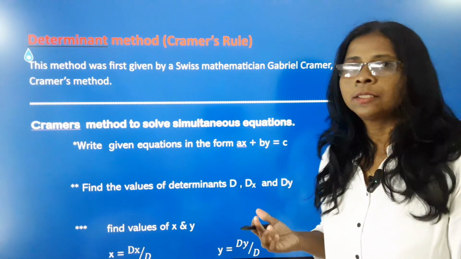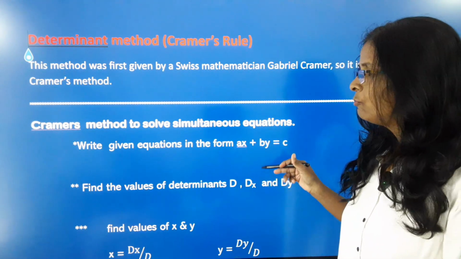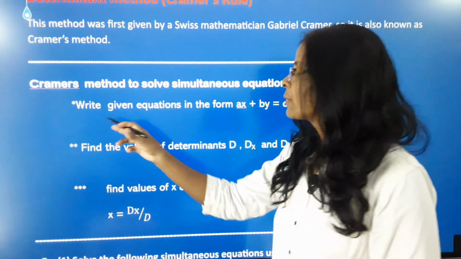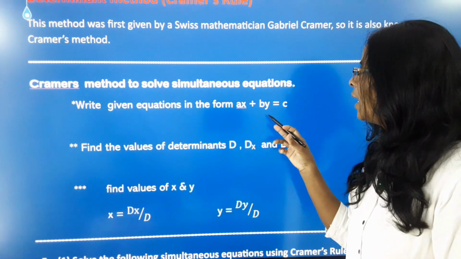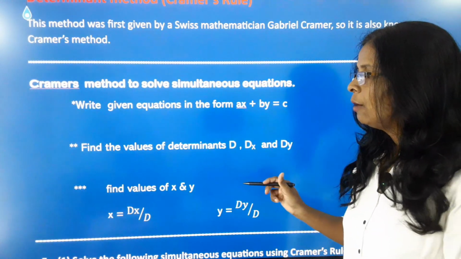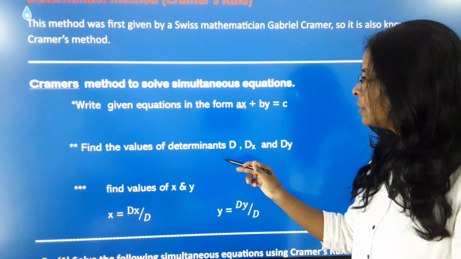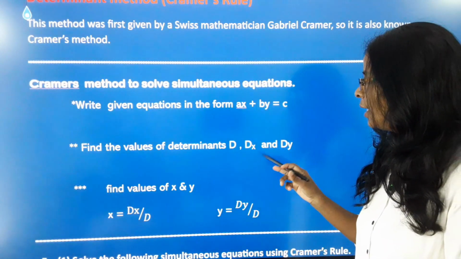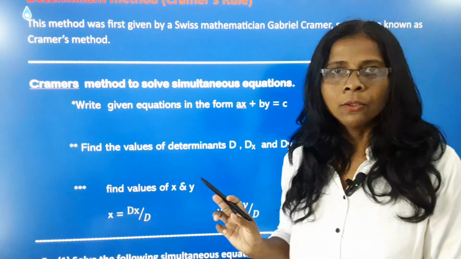So what are the steps? The first step is to write the given equations in the form ax plus by is equal to c. Second, find the values of the determinants D, Dx and Dy.